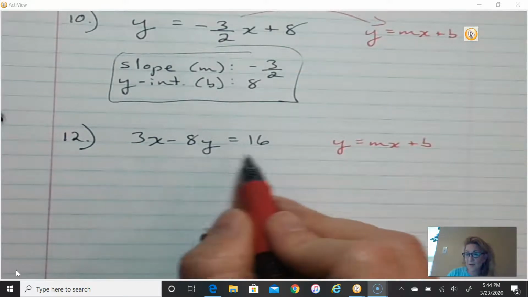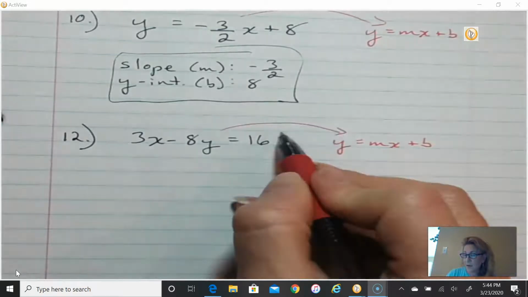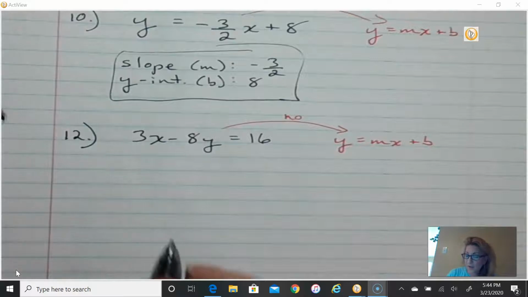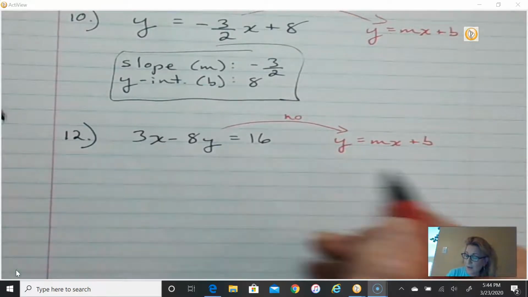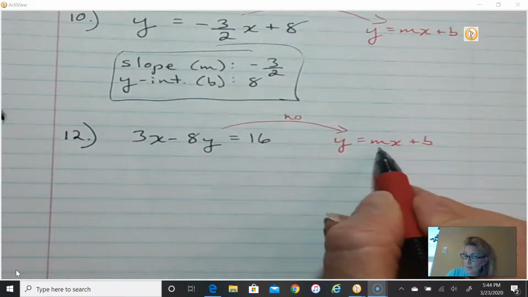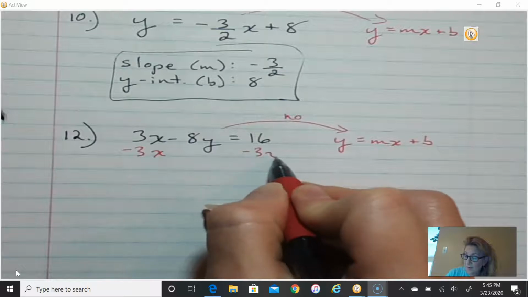That is not in the correct format. It does not look like this. No. So we got to rearrange things. So we have to move this 3x to the other side of this equal sign, just like this mx is on this side. So I'm going to subtract on both sides.